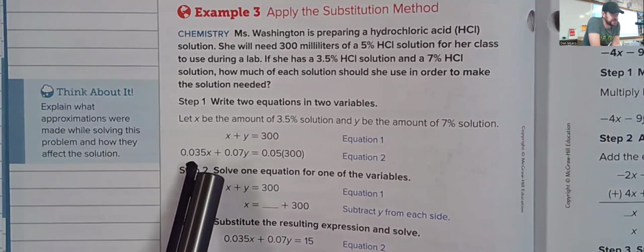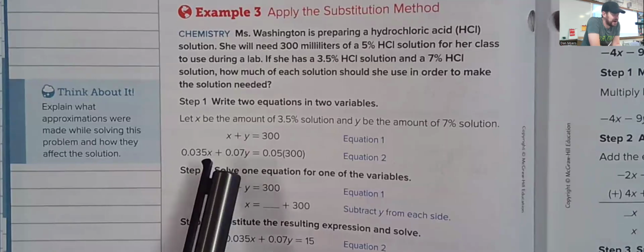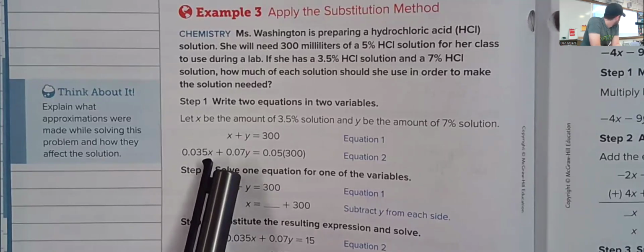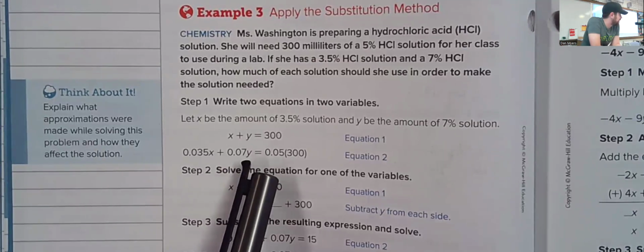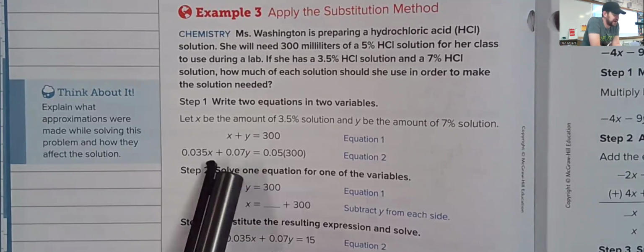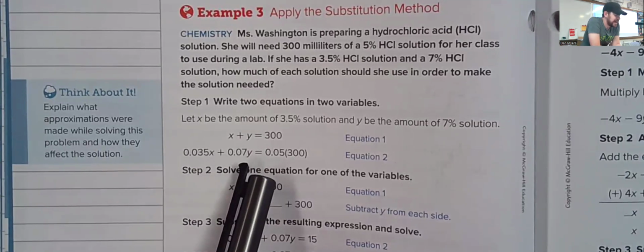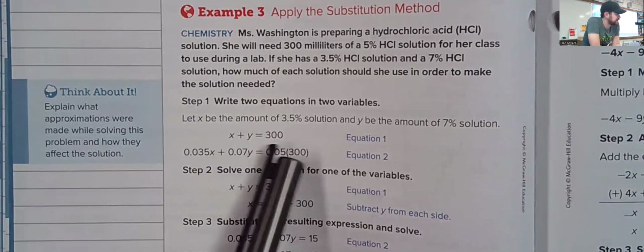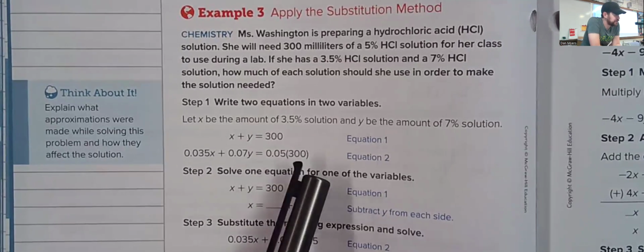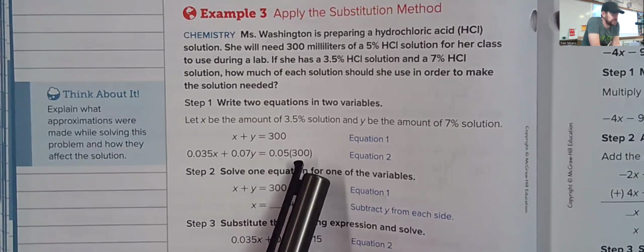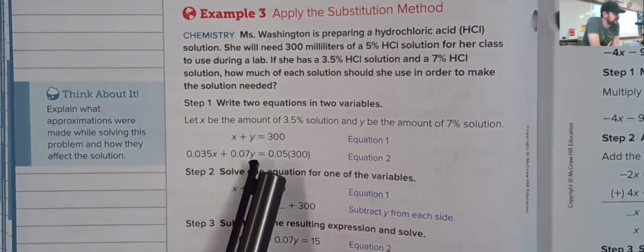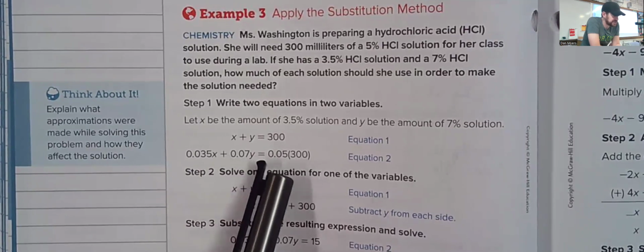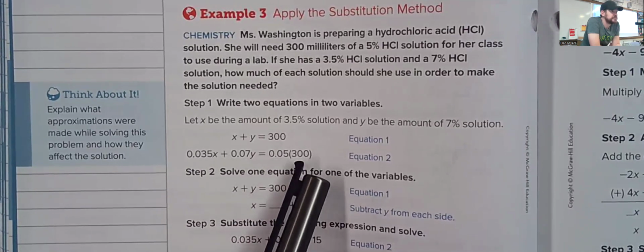So you take 0.035, the percentage, multiply it by however much you need of that solution, add it to the 0.07, which is the 7% solution, the amount of that we need, which we don't know. That's what we're trying to figure out, how much of each of them. And that's going to equal a 5% solution totaling 300 milliliters. So percentage times amount plus percentage times amount equals percentage times amount. Everybody good with that?